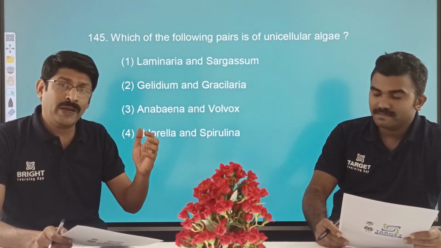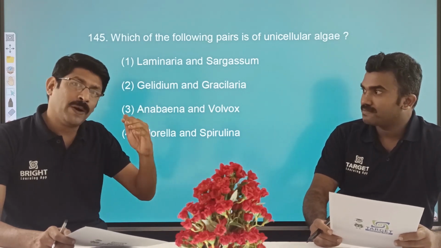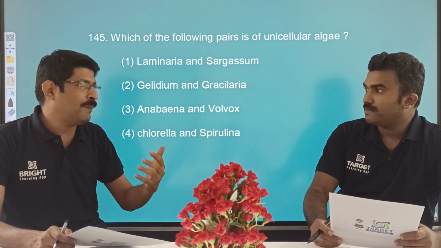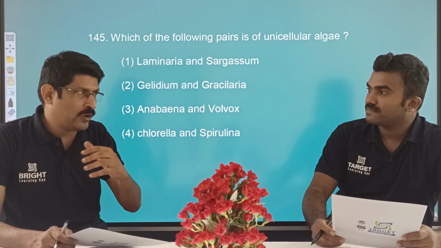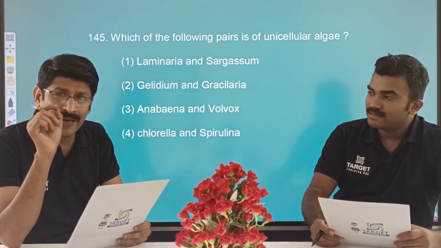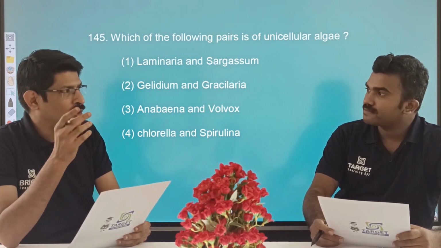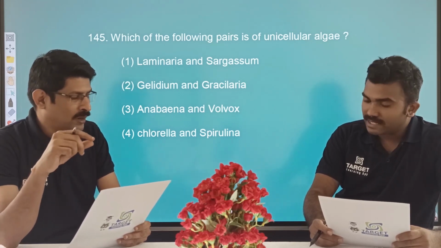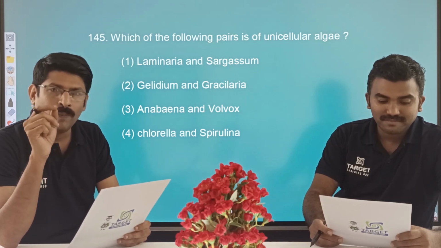But when we are explaining the economic importance of algae, in the last part, nutrient supplement, SCP, single cell protein, is also used for astronauts for space travel, and it is clearly explained as unicellular, Chlorella and spirulina. Actually, spirulina is filamentous, but NCERT gives it so. That is the importance of NCERT.